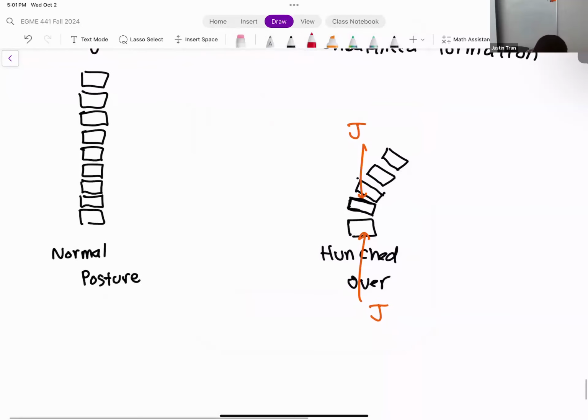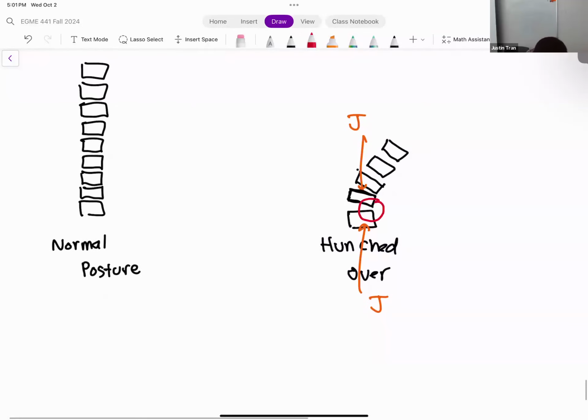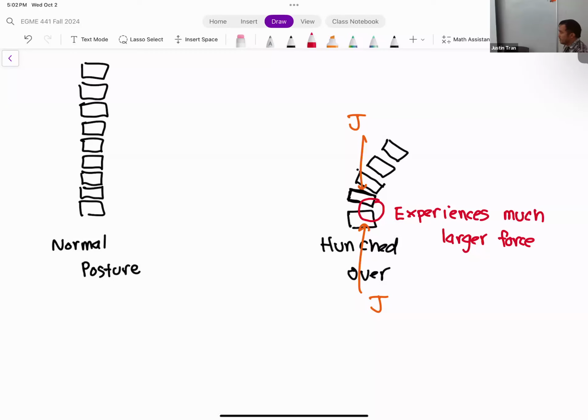let me use a different color here. For the parts that are scrunched together, when you apply this large compressive force, that section of the vertebrae is going to experience a much larger force compared to the other side. And so the back side of your spine is actually okay, and it's relieved of its tension a bit.